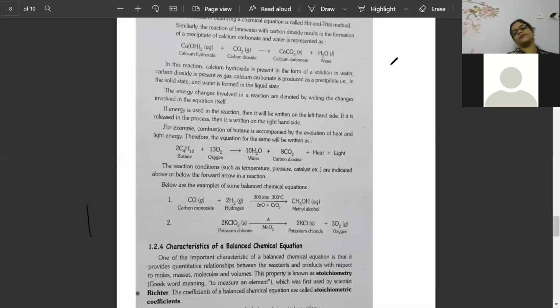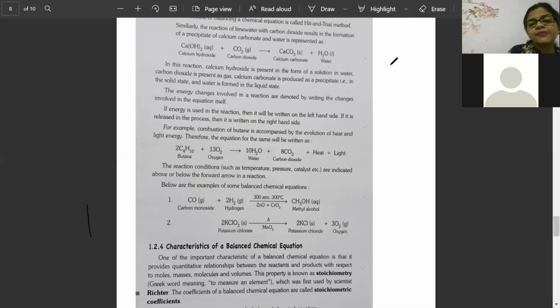First one and second one, both. V. Kavya is telling balanced. Hemlata is telling balanced. So in examples 1 and 2, see beta, below the example of some balanced chemical equations, it is already written balanced. So you see the numbers, but beta, if the book has given it, that does not mean that we will not be balancing it.